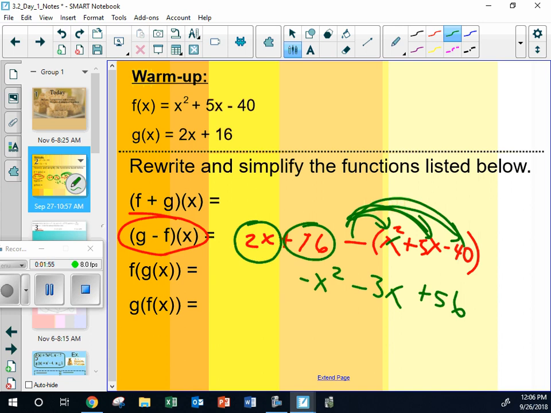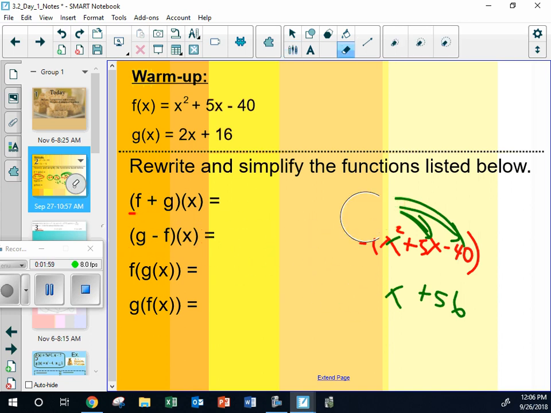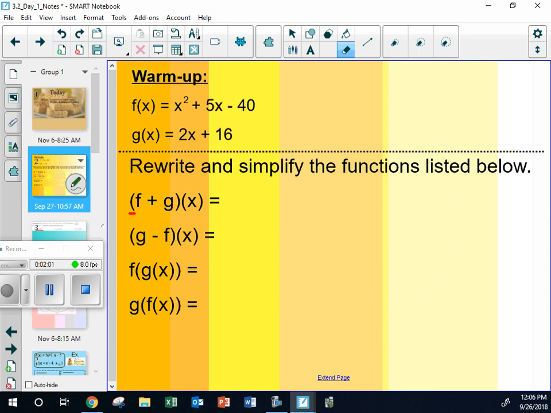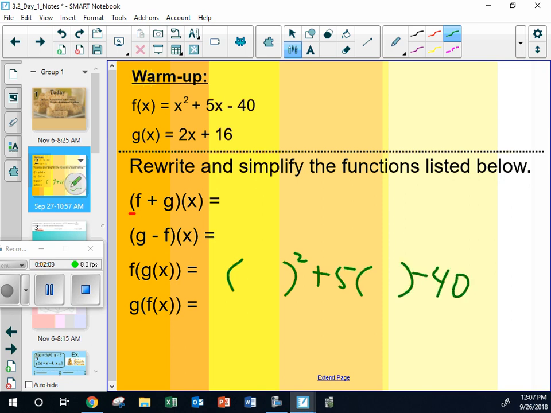Awesome. Okay, next, we're going to make the f function eat the g function. So we have f function, which is right here, empty spot squared plus 5 empty spot minus 40. That's how I think you should do it. You take the f function, which was this one, and you make it with empty spots where the x is, and then make it eat the g function.